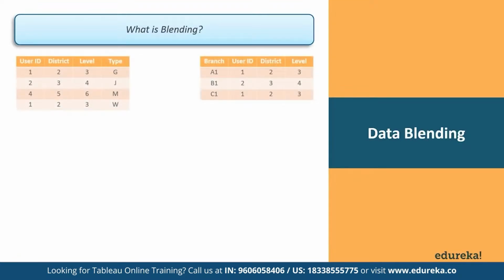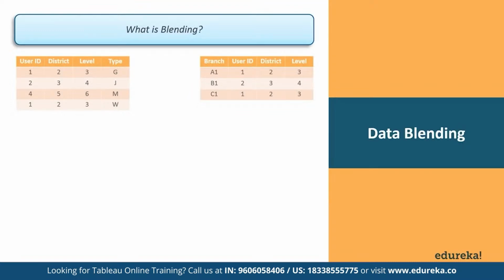Now, how is it different from data blending? When you use data blending to combine data, a query is sent to the database for each data source that you're using. The results of these queries, including the aggregated data, are sent back to and combined by Tableau. Now, take for instance, you have the same tables again.